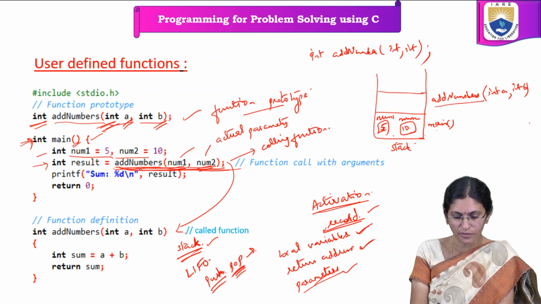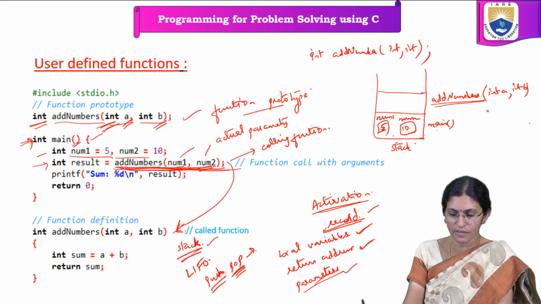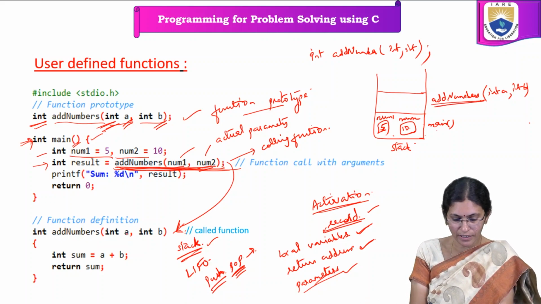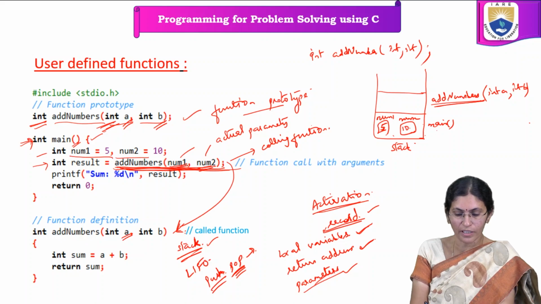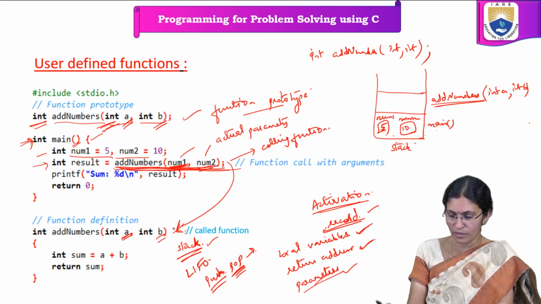So here, whenever the control is transferred to the function definition, the activation record for this function is created, and a copy of these variables is passed. The num1 value is passed to the variable a, and the num2 value is passed to the variable b.